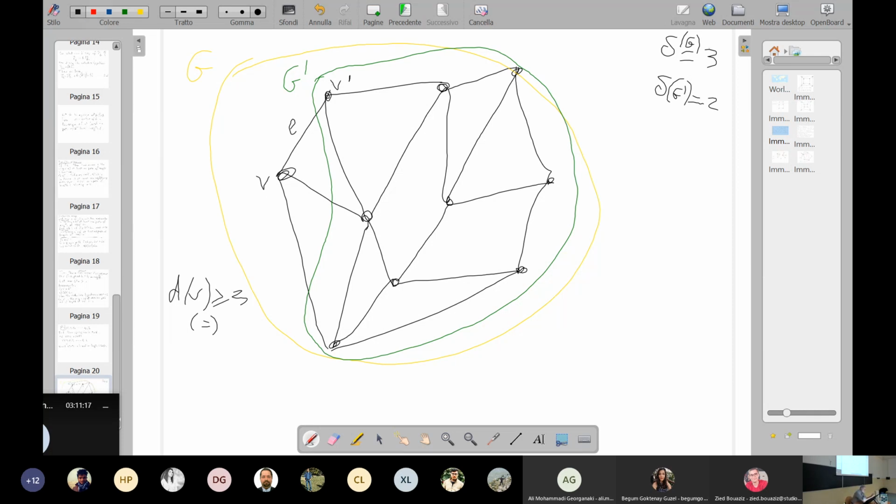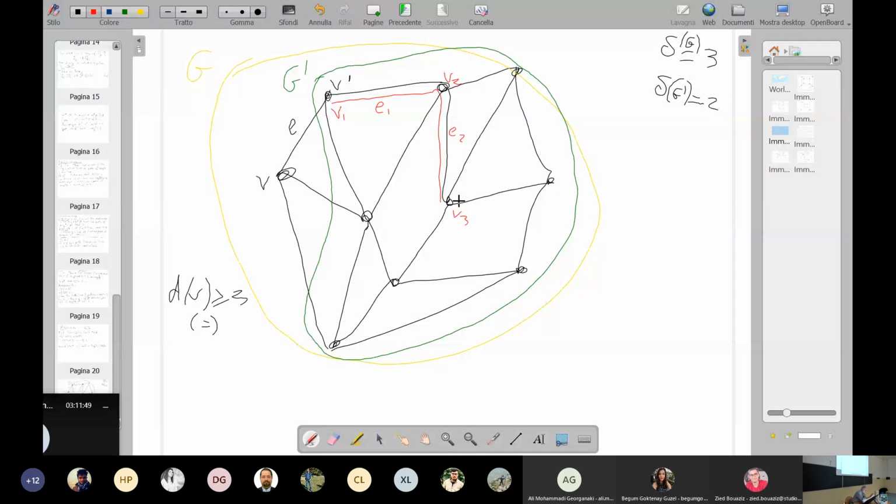It says that there is at least one path of length 2. Look, this is a path of length 2. So this is V1, V prime, which I intend as V1. This is E1, this is V2, this is E2, and this is V3. Okay? Actually, I have even longer paths. Okay? But I'm satisfied with this one.